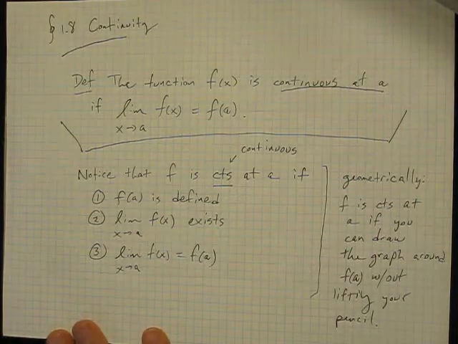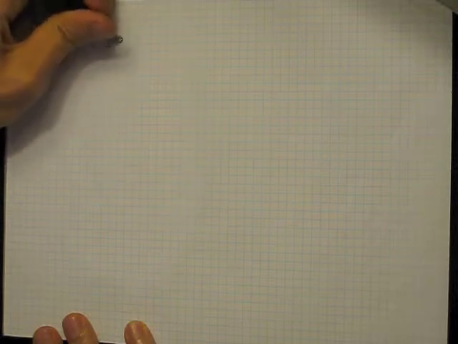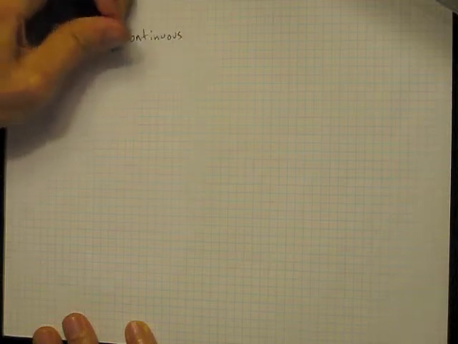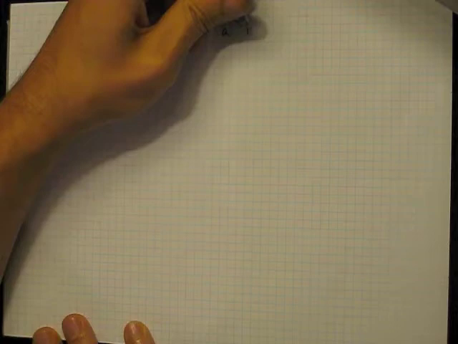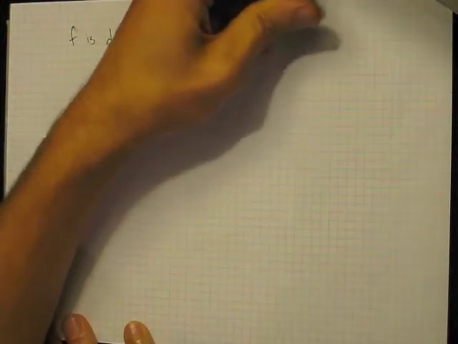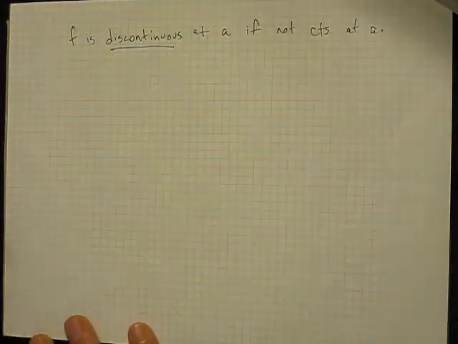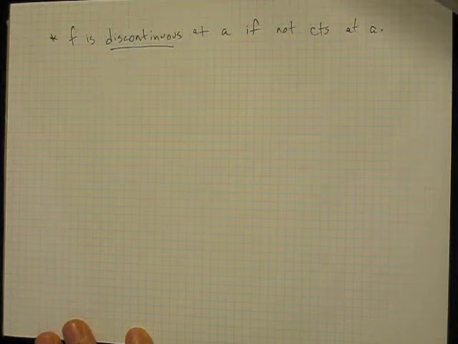Okay, so this is a geometric condition for continuity. All right. So f is discontinuous at a if not. That's just a little bit of notation, so we say discontinuous, or a is a discontinuity.